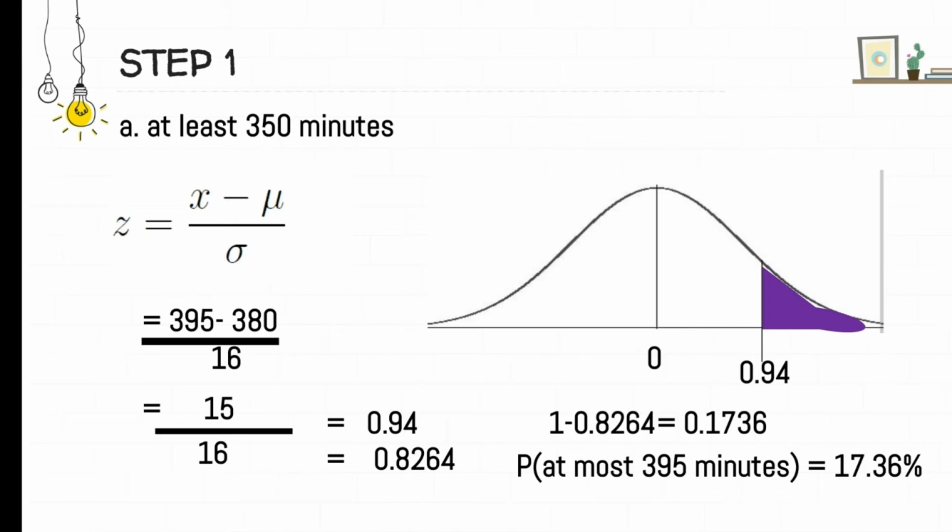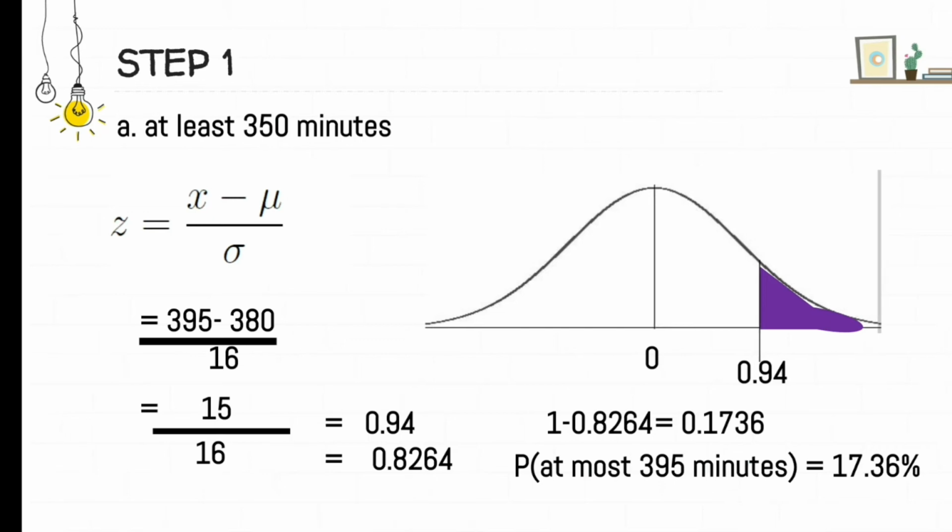So we have 1 minus 0.8264. So we have 0.1736. So our probability of at most 395 minutes is 17.36%.